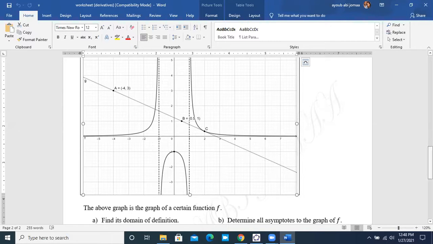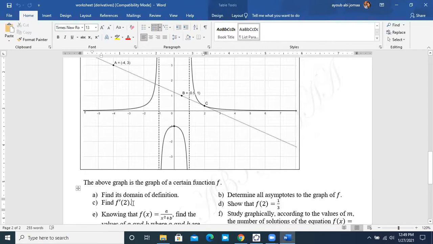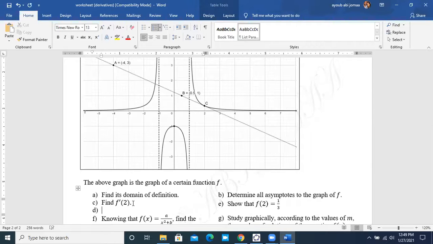Now, in part C, find f prime of 2. F prime of 2. The answer? How do we find f prime of 2? Any suggestions?